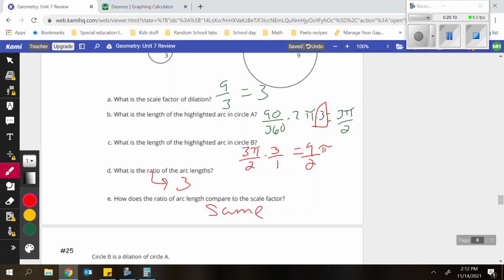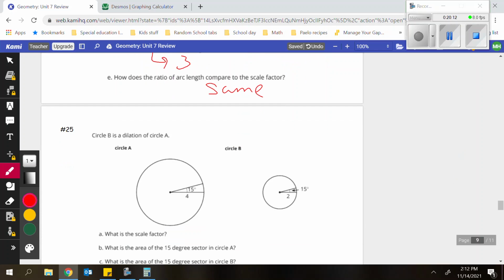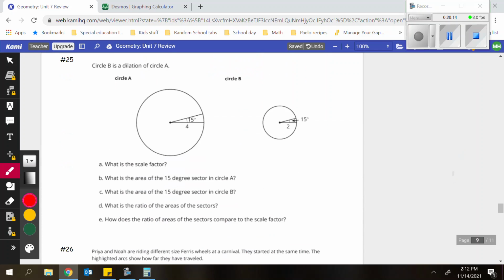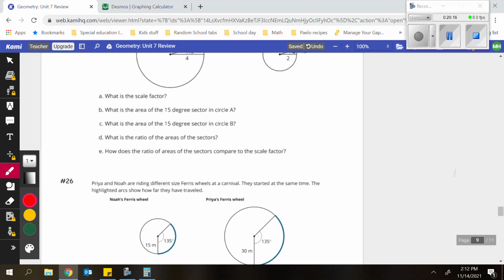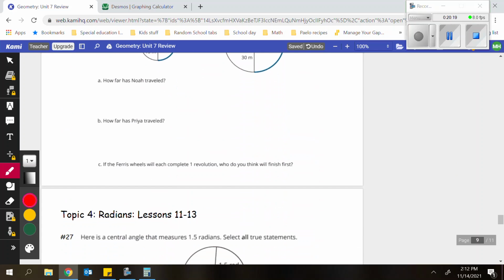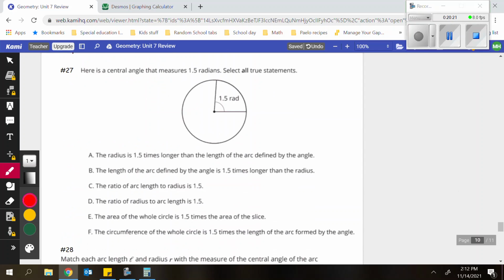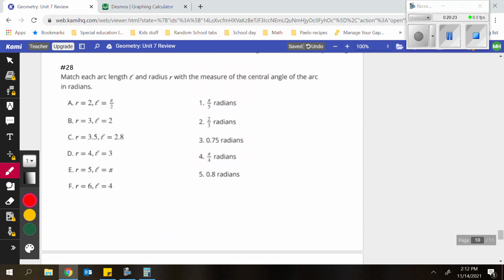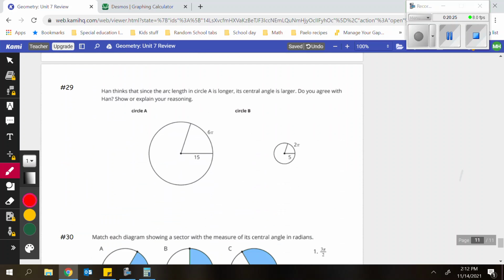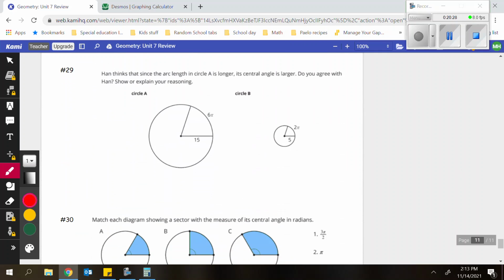All right. Next one that we're going to try is number 29. These are in radians, okay? Han thinks that since the arc length of circle A is longer, its central angle is longer. Do you agree? Again, we are in radians here.